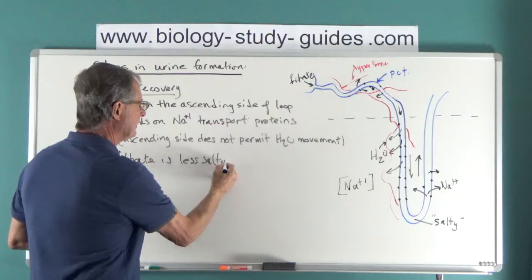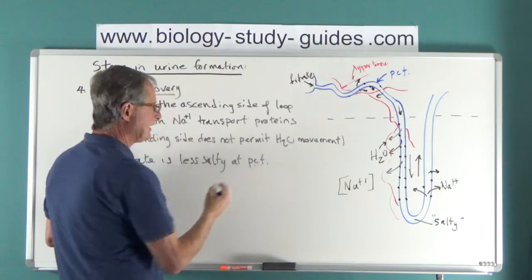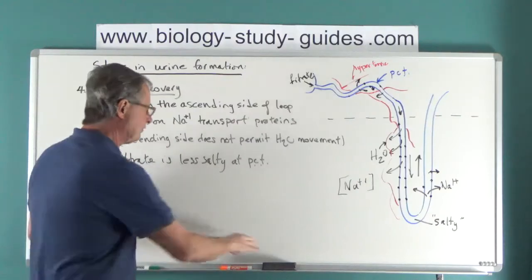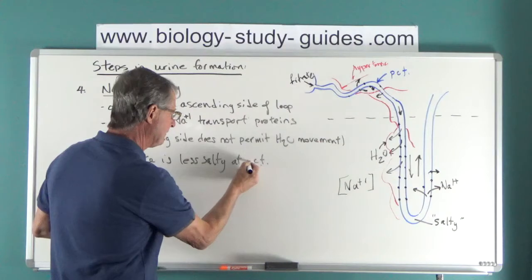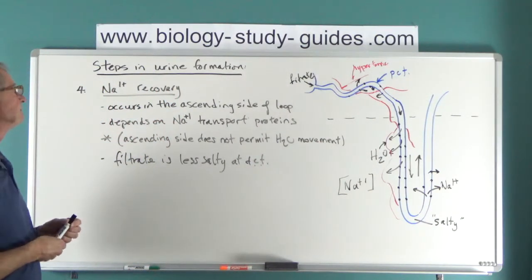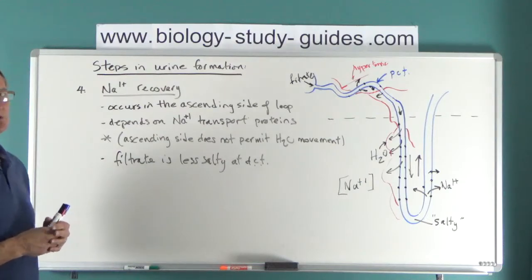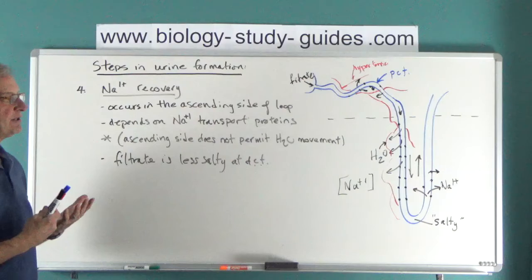So the fourth point is that by the time you get the filtrate up to the distal convoluted tubule, it's less salty. So now comes what happens in the distal convoluted tubule. And I should mention the term distal.